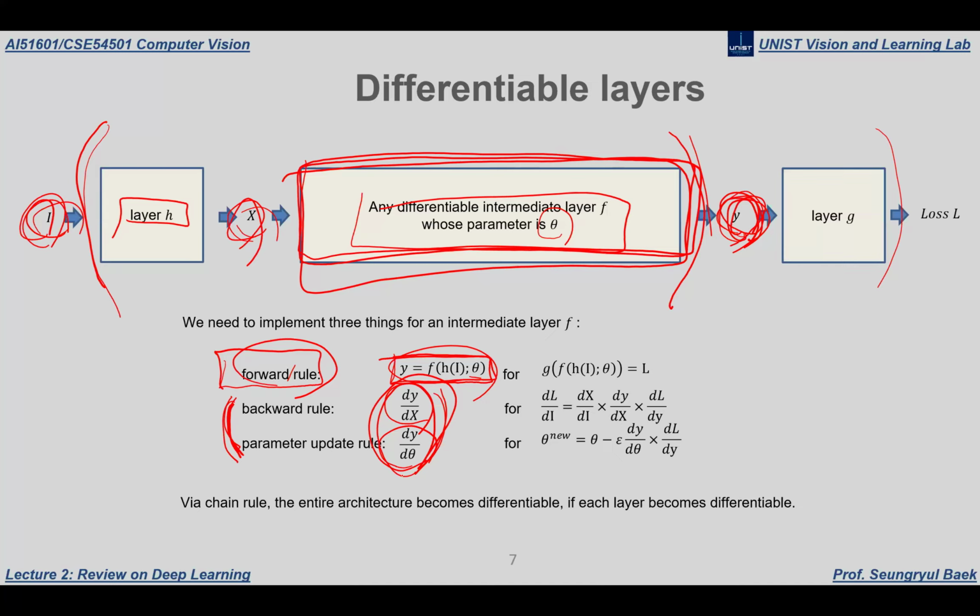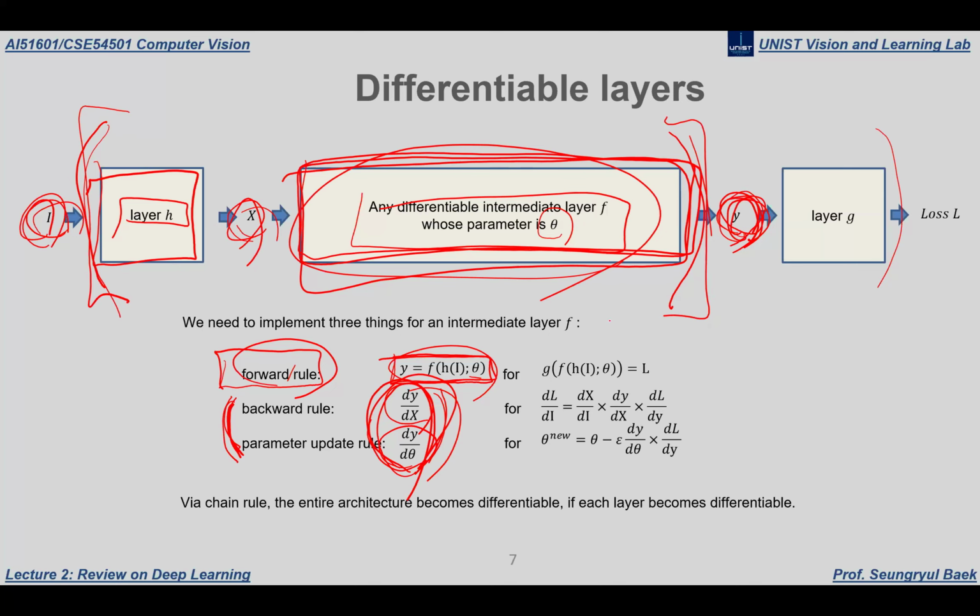Another important thing is that if layer H also meets these two conditions, and layer F meets these conditions, the entire combination of H and F becomes differentiable again by the chain rule.